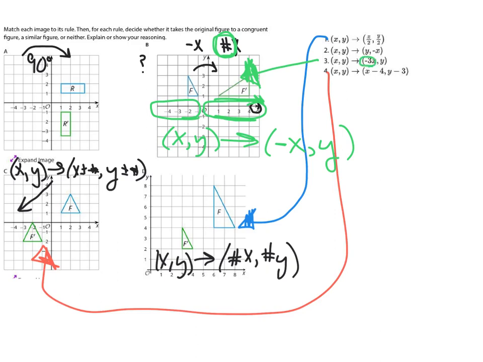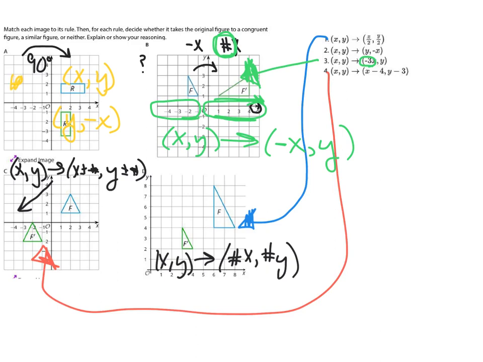Okay, last but not least, I have letter A, where when I rotate clockwise 90 degrees, we change our x, y coordinates to a y, -x coordinate. Okay, so the coordinates flip-flop and change signs, and that's something that we will recognize.